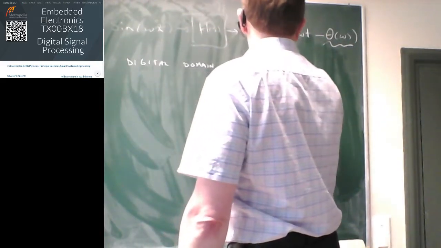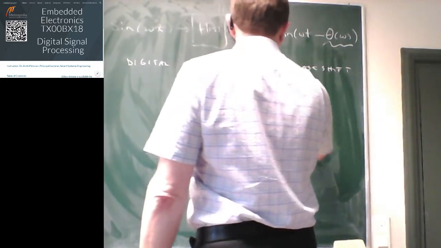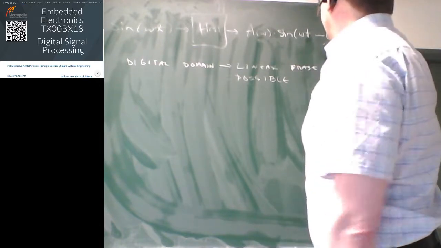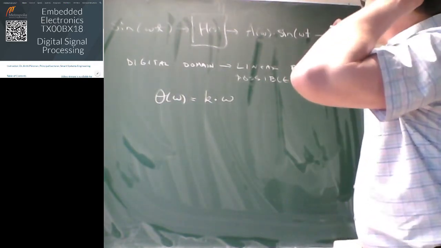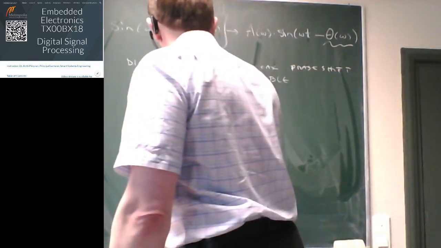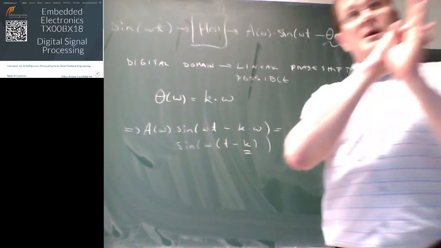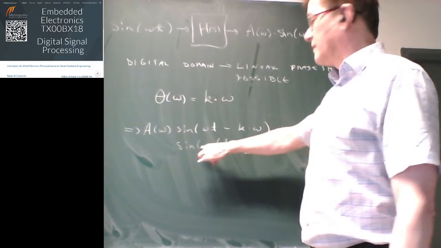Linear phase shift means basically that theta of omega is directly proportional to omega, which is quite nice, since then the output is sine of omega t minus k times omega, meaning simply that we have sine of omega t minus k, a constant time shift for the signal regardless of omega.